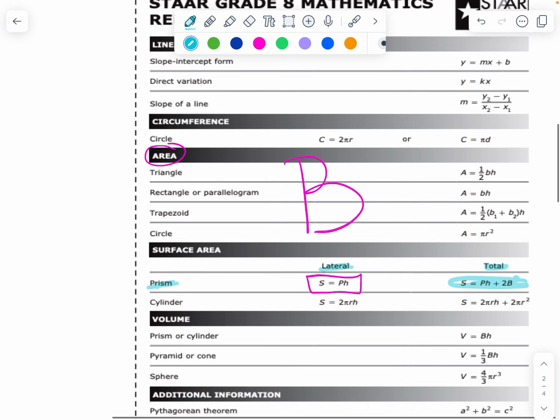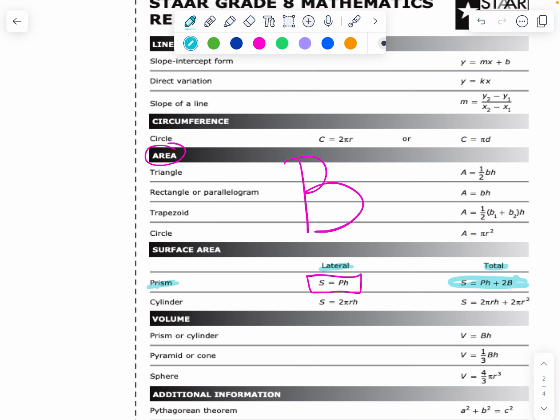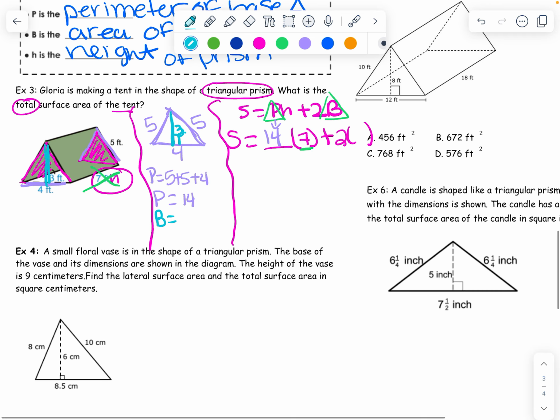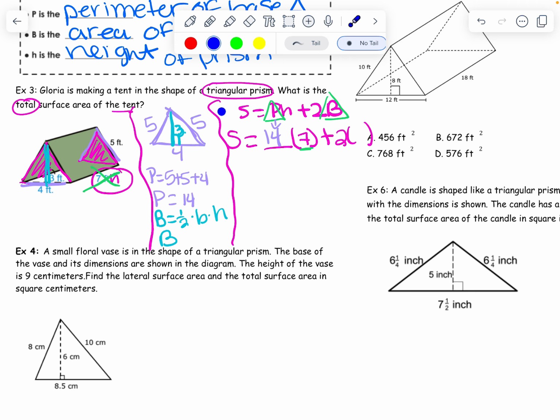Okay, so now I'm going to go up here. And again, where I see triangle, this is the formula that I'm going to be using for my B. Okay, so I go back here and I'm going to write 1/2 times the base times the height. Again, I am ignoring this because I have everything I need right here, right now.